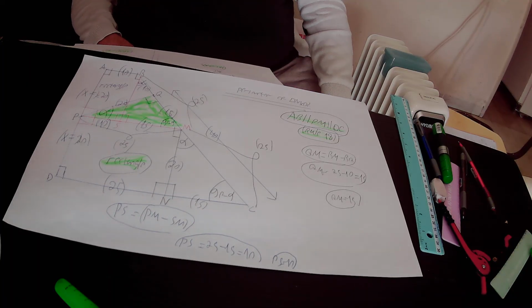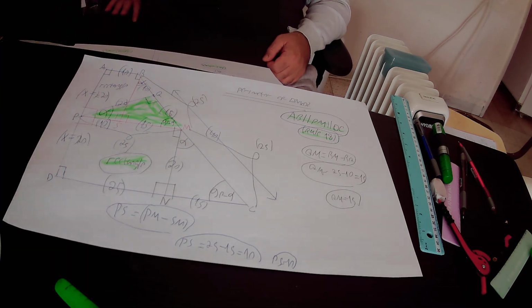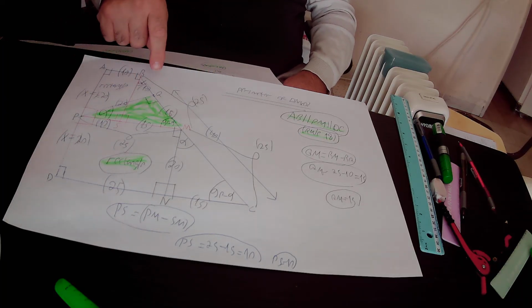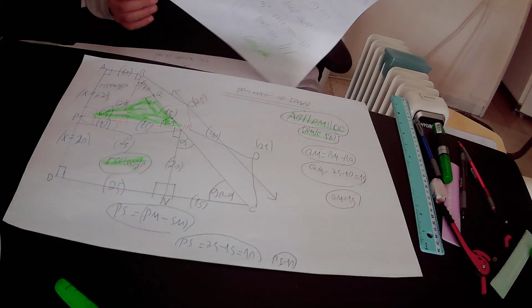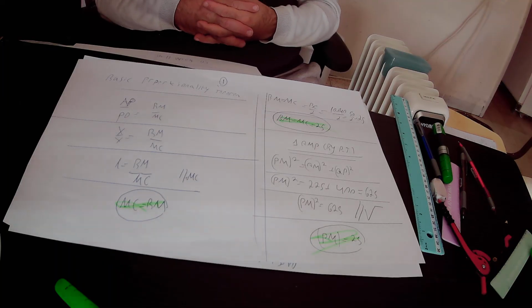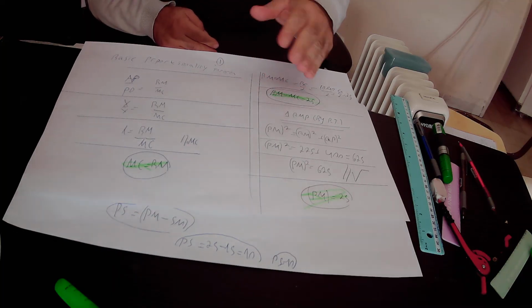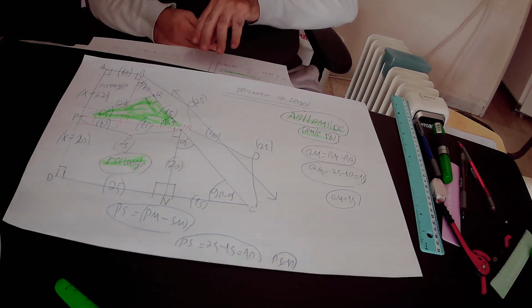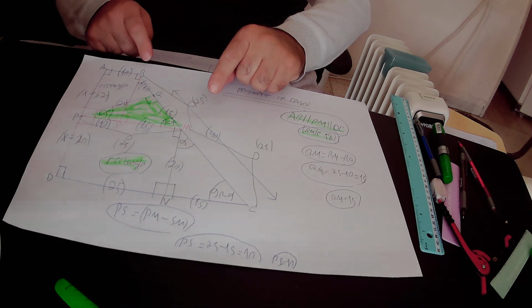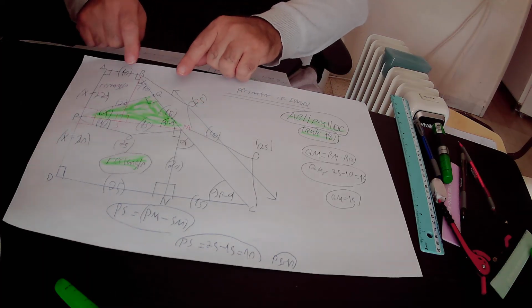So in the next step, we implement the Pythagoras theorem on this right angle triangle PQM. According to the Pythagoras theorem, in a right angle triangle, the square of the hypotenuse equals the sum of the squares of the other two sides. So in the green triangle, it means that PM square equals PQ square plus QM square. PM is the missing side, so leave it as it is, and it equals QM square plus QP square. QM is 15, therefore QM square is 15 square, that is 225, plus QP square.